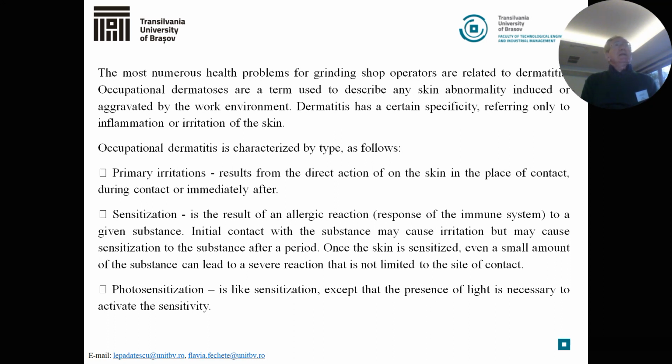Once the skin is sensitive, even a small amount of the substance can lead to a severe reaction that is not limited to the site of contact. Photosensitization is like sensitization, except that the presence of light is necessary to activate the sensitivity.